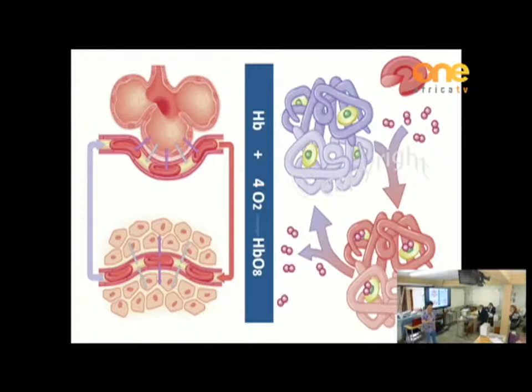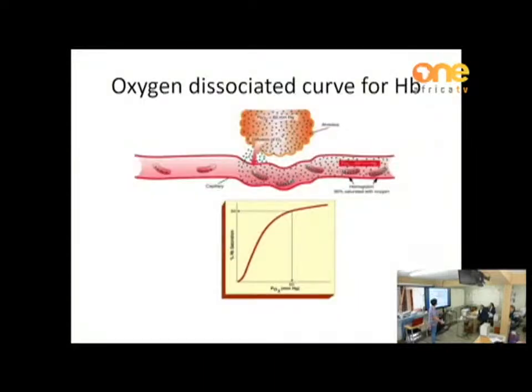Do you understand that? So I want this to attach and get saturated there. But here, I do not want the oxygen to stay bonded to the hemoglobin. I want it to get released. So how do I want the saturation here? Very low. Does it make sense? And we are perfectly designed for that.